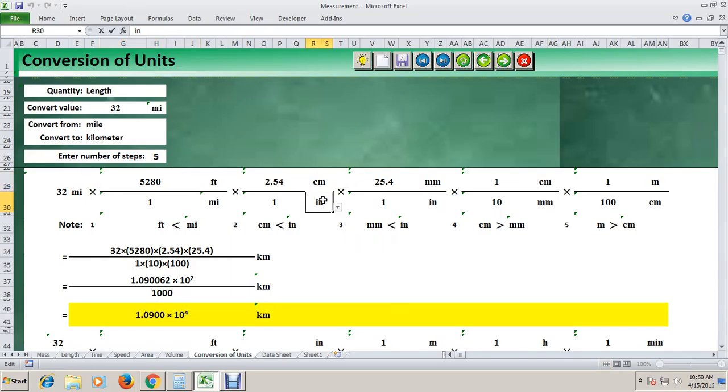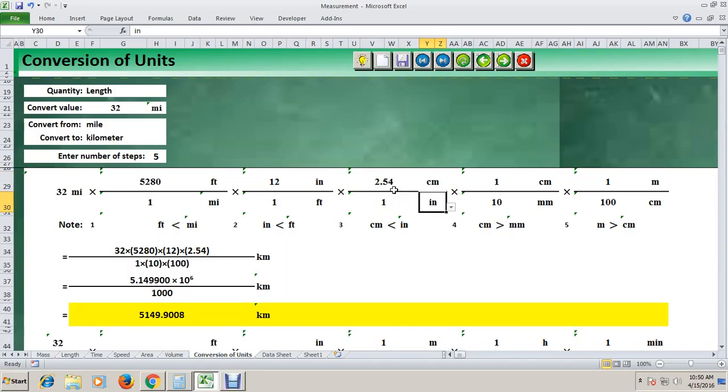Next is converting the number of feet to the number of inches. Just like what I have presented to you, there are 12 inches for every 1 foot. Next is converting the number of inches to the number of centimeters.